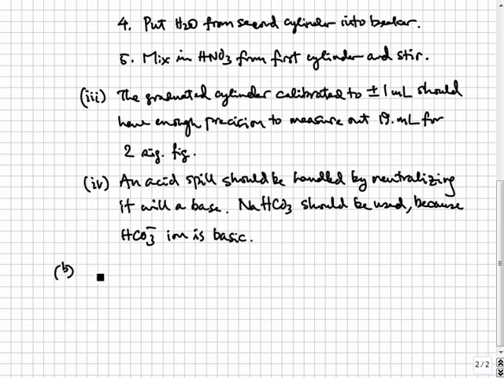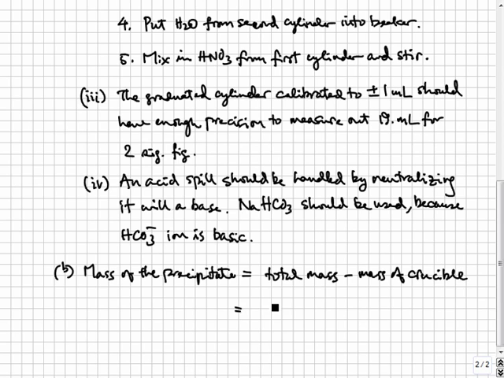The mass of the precipitate can be obtained by taking the total mass and subtracting from it the mass of the crucible. The total mass at the end is equal to 29.2598 grams, and the mass of the crucible alone is equal to 28.7210 grams.